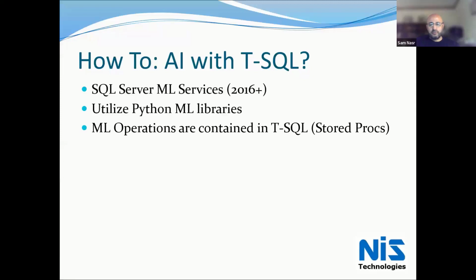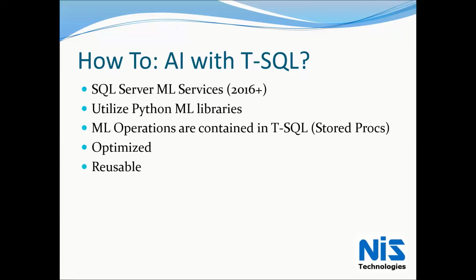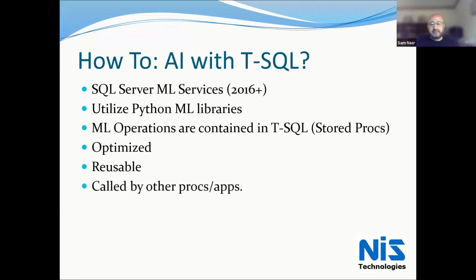We essentially create a stored procedure that accesses the Python libraries, and then we're able to store that stored procedure into the database and then execute it. And so because it's a stored procedure, it's going to be optimized, and it's going to give us the ability to reuse it multiple times, as well as the ability to have it being called by other procedures or other applications.